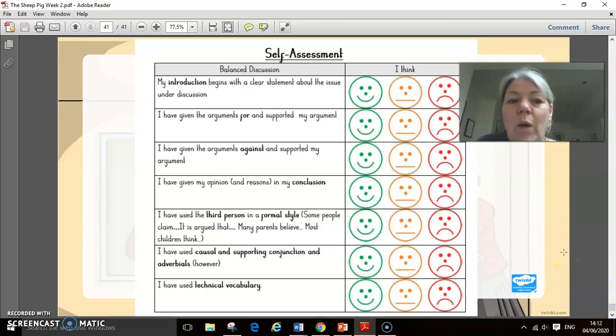Now, as always, we love to see what you've been doing, so make sure that you send your work to us on the Year 4 email. Mrs. Parker, Miss O'Donnell and I will be waiting with bated breath to see these fantastic balanced discussions, these arguments that you have written. You can handwrite them. That would be lovely.